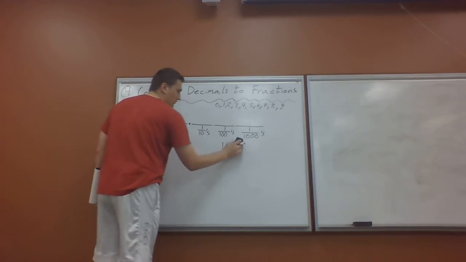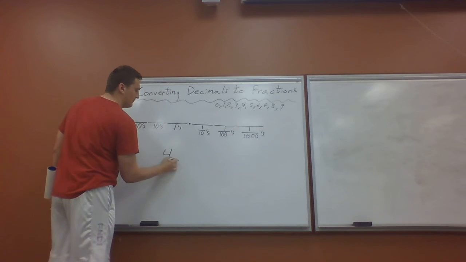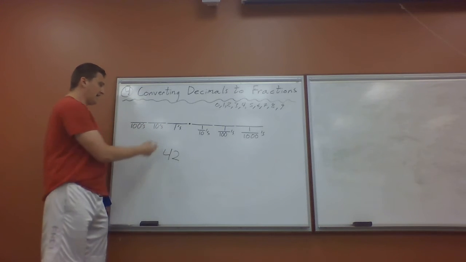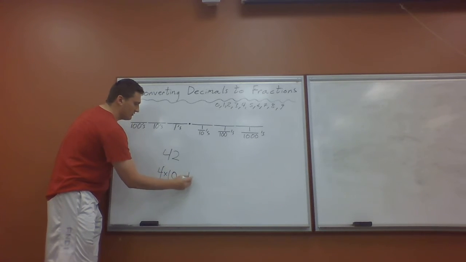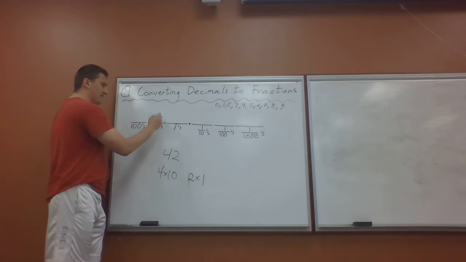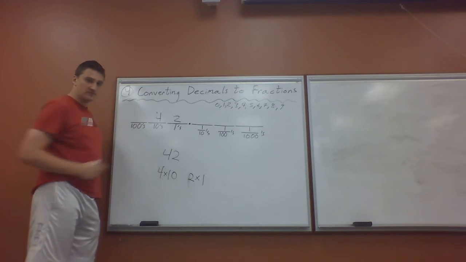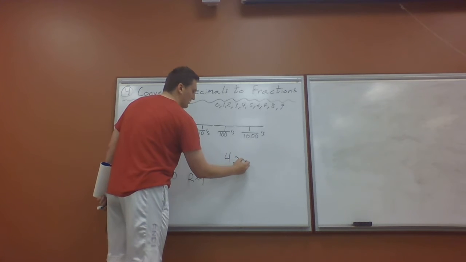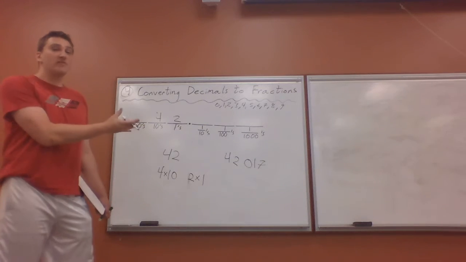Now, if I were to represent the number 42 as a collection of place values, I would have 4 groups of 10 and 2 groups of 1. If, however, I was given 42.017, that gives me more information.